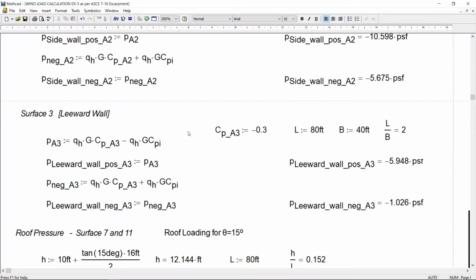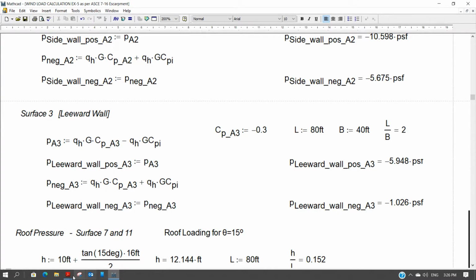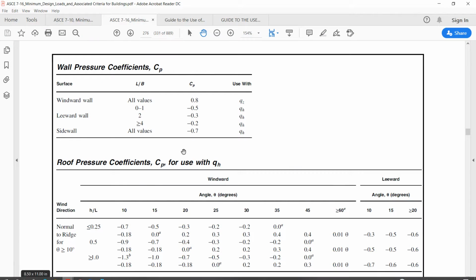For leeward wall, the length is 80, B is 40, so L upon B is 2, and it comes out to be 0.3. Let me show you. Leeward wall, 0.3. All these coefficients are taken from this table.